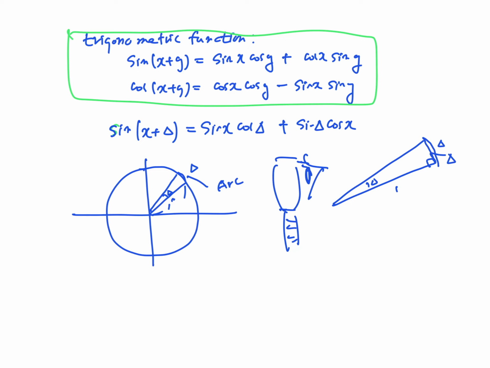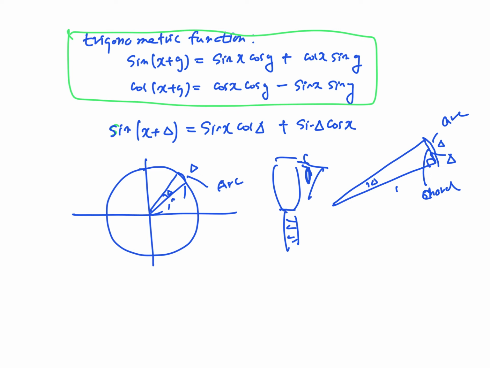This is also delta. So when delta is sufficiently small, the arc length and the short side length should be the same.